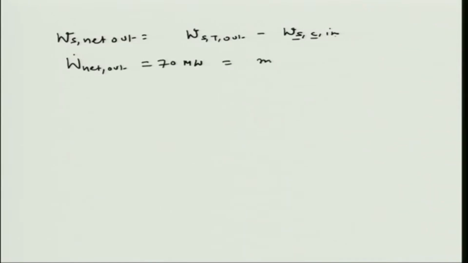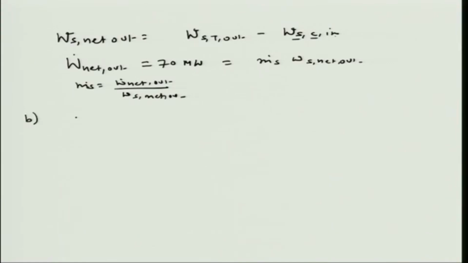This is going to be your mass flow rate multiplied by Ws net out. Okay, and from there we can calculate your m_s, W dot net out divided by Ws net out. So this is how we are going to calculate the mass flow rate.